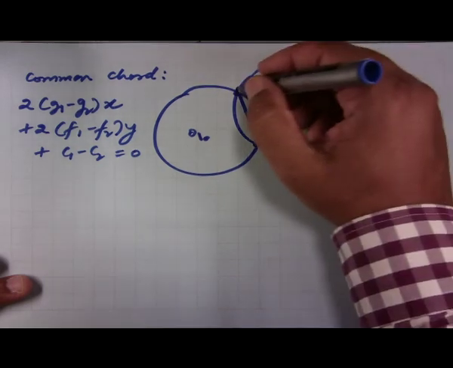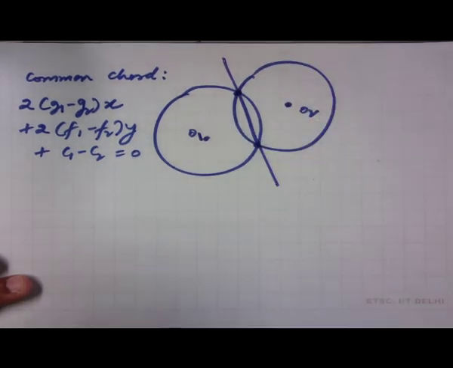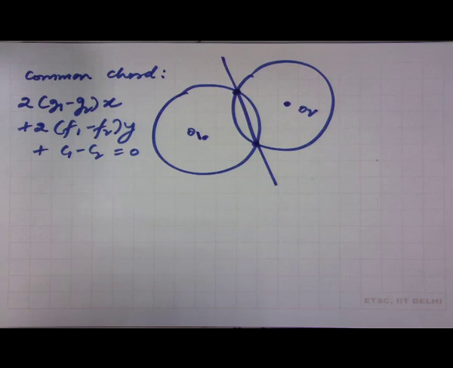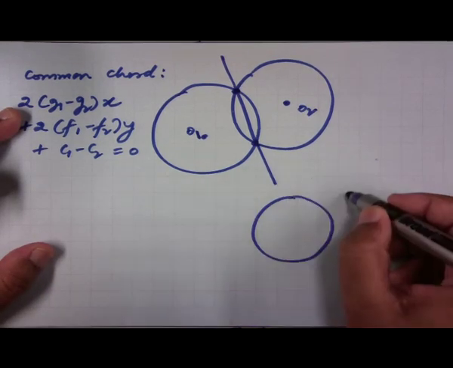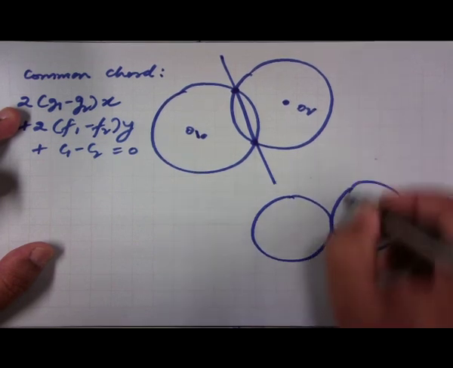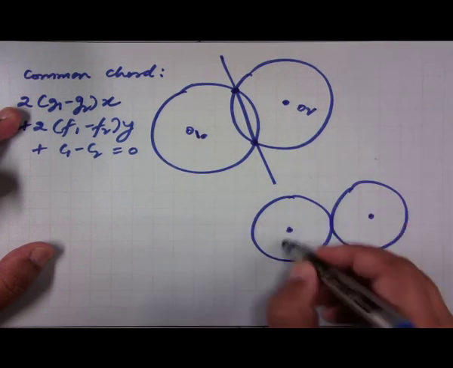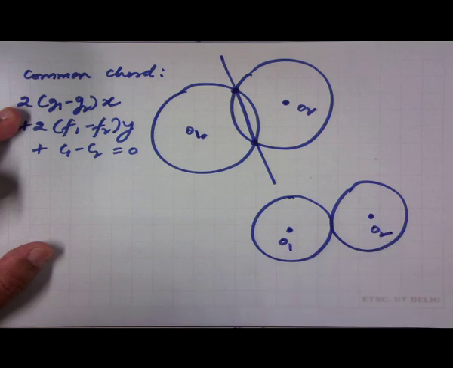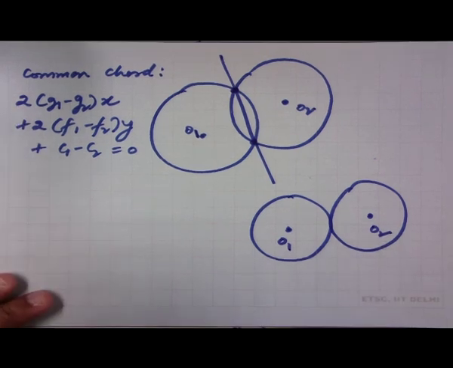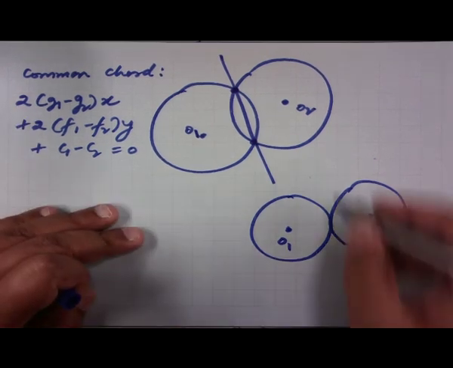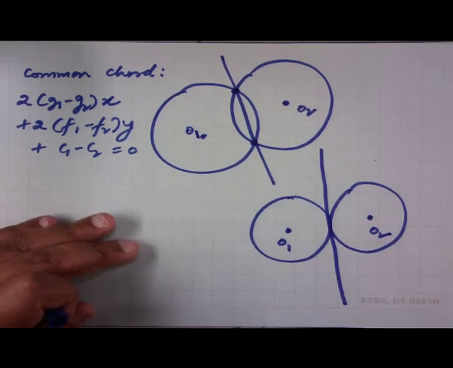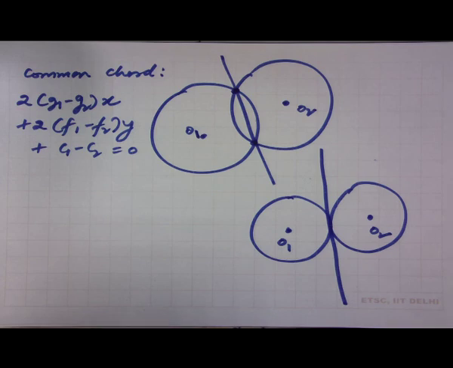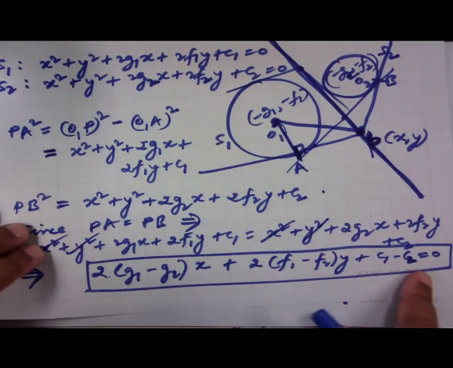We just have to extend it further in both the directions. Another case could be when two circles touch each other at one point, and in that case one can show that the radical axis is nothing but the transverse common tangent between these two circles, whose equation will, in that case, be the same as this equation.